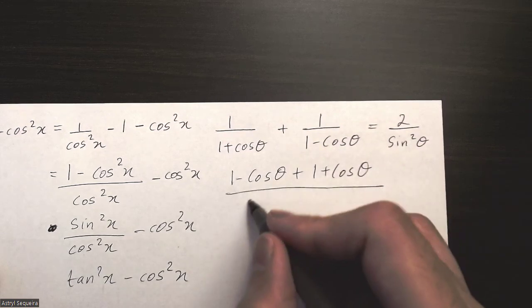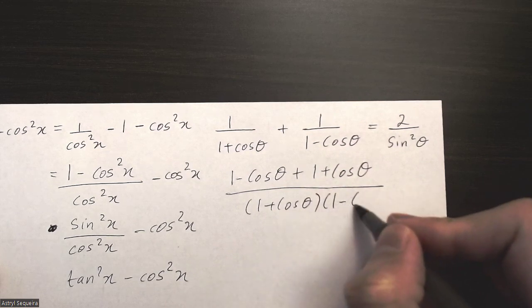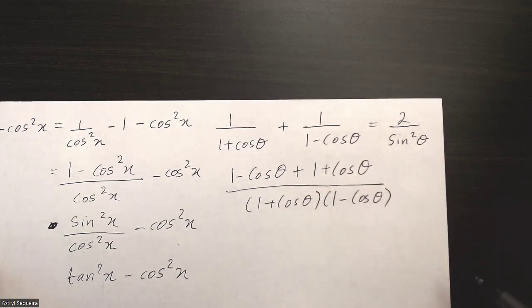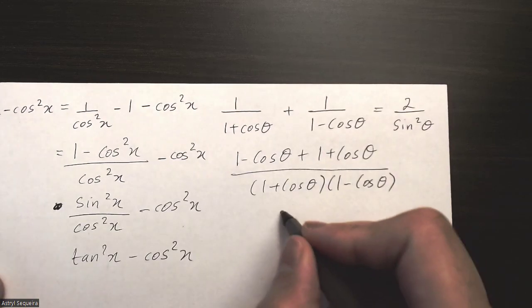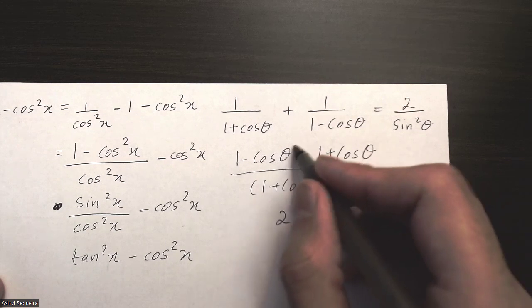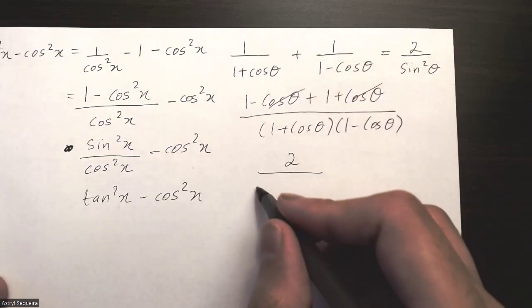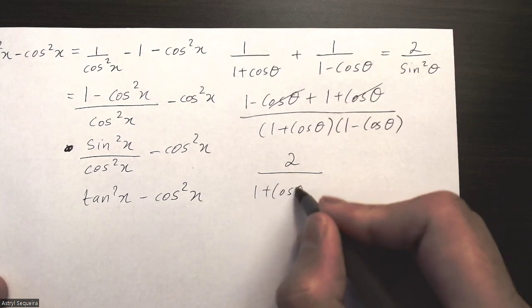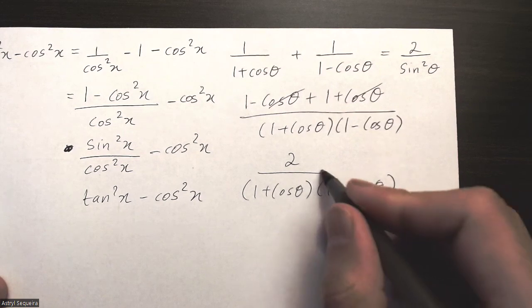It's all divided by a common denominator of 1 plus cos theta times 1 minus cos theta. 1 plus 1 is 2. Negative cos and positive cos cancel out. We're just left with 2 over 1 plus cos theta times 1 minus cos theta.